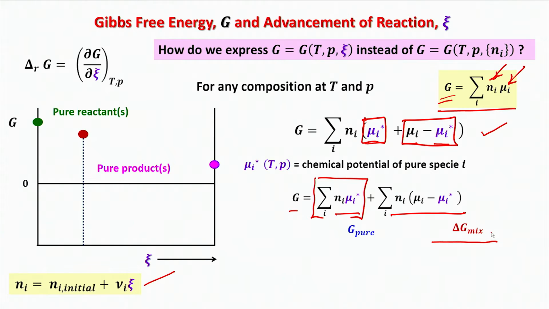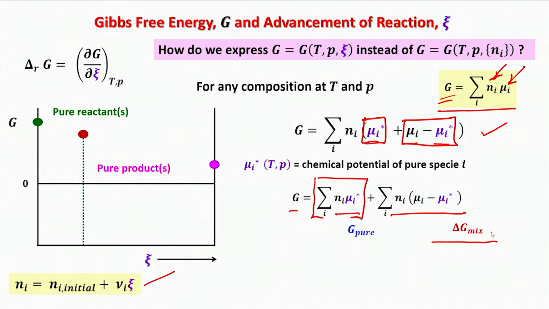That is, if you had the reactants and the products in that composition of the reaction mixture, and if you just mixed them, then what would be the change in Gibbs free energy? That is given by this expression that we have already seen when we talked about mixing of ideal gases.